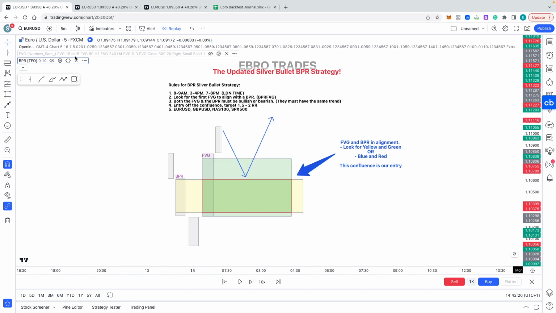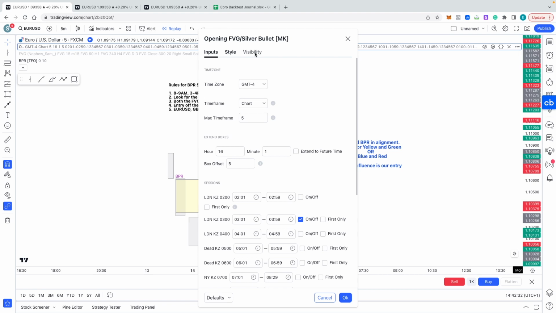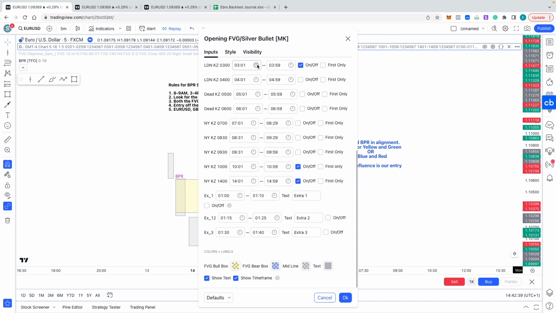On the other hand, the indicator that we use for fair value gaps within the silver bullet hours is this indicator over here. So save the name, search for it on TradingView, and add it to your indicators. And this indicator, for a bullish fair value gap, will show a yellow color, and for a bearish fair value gap, will show a blue color.